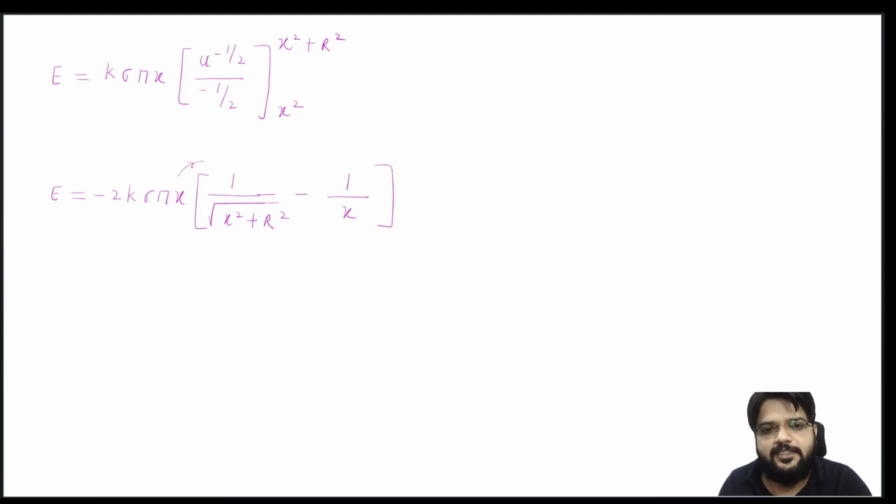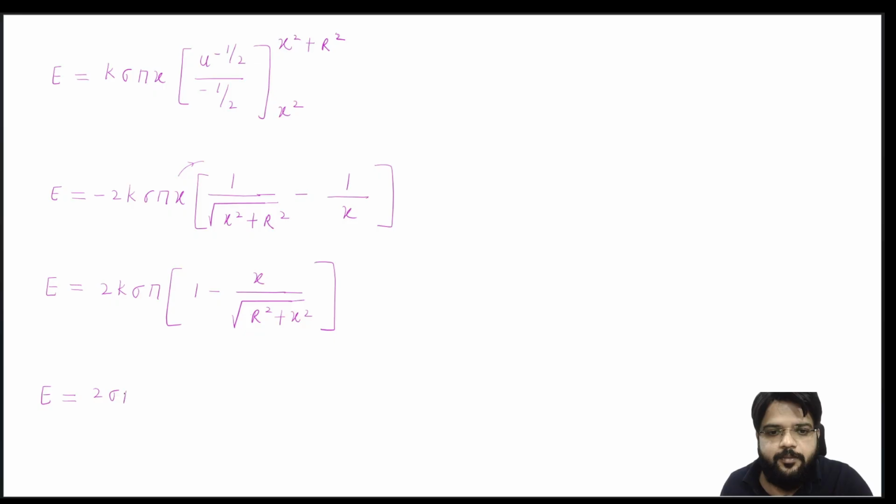Now multiply this x inside the bracket. Then let's read what we will get. E equal to, multiplying x and the minus sign also, we will get 2k sigma pi, 1 minus x by under root r square plus x square. Finally we are getting this, everyone. All right. And k value we know is 1 upon 4 pi epsilon naught. Put this value also.